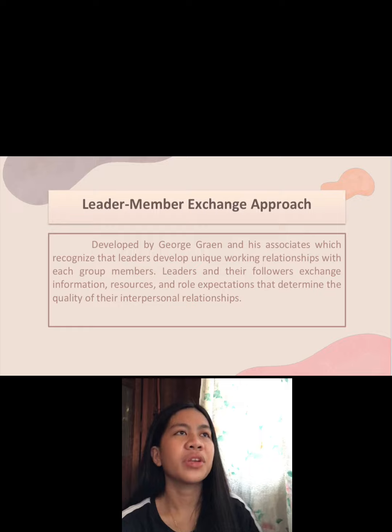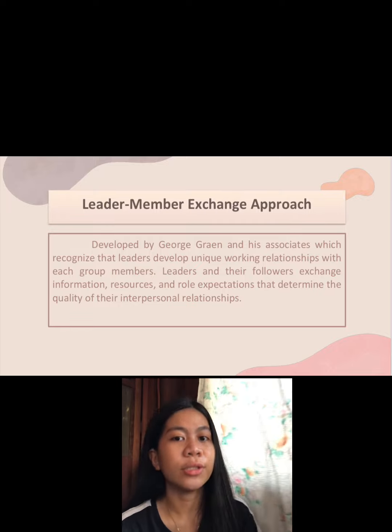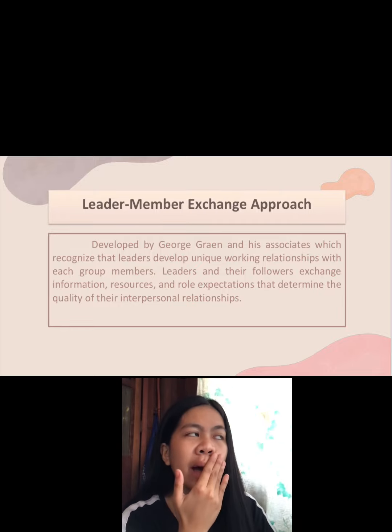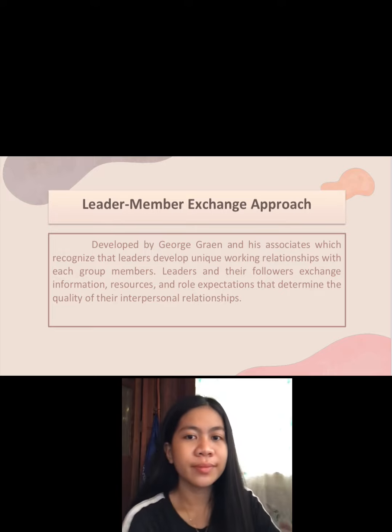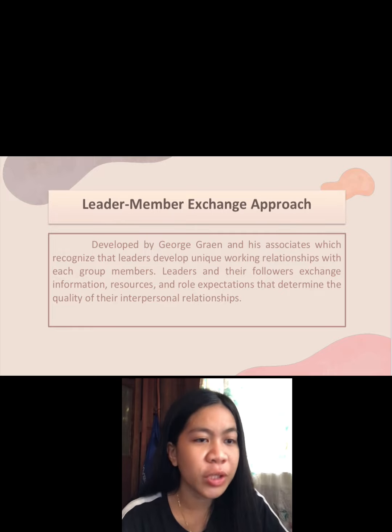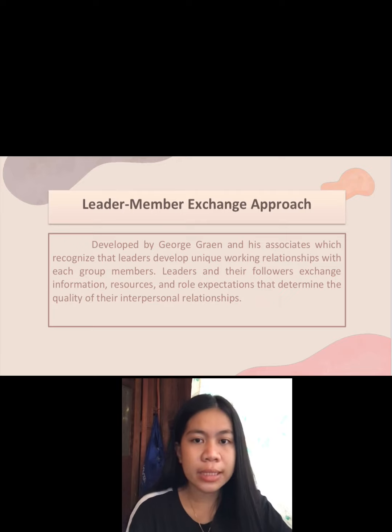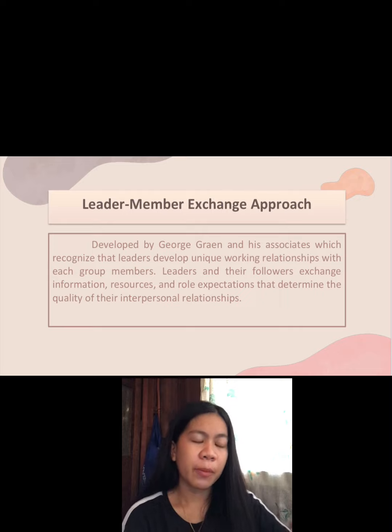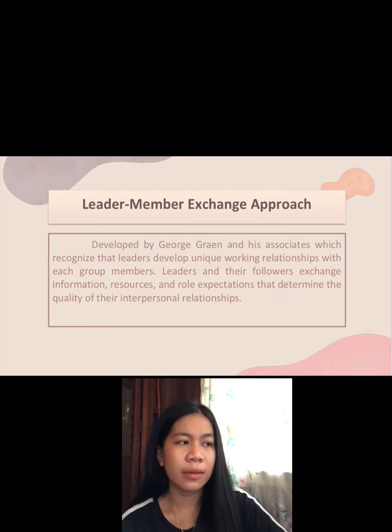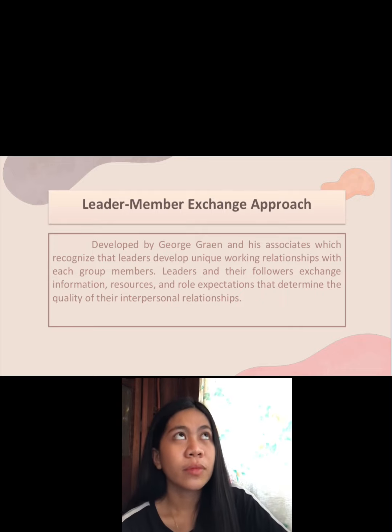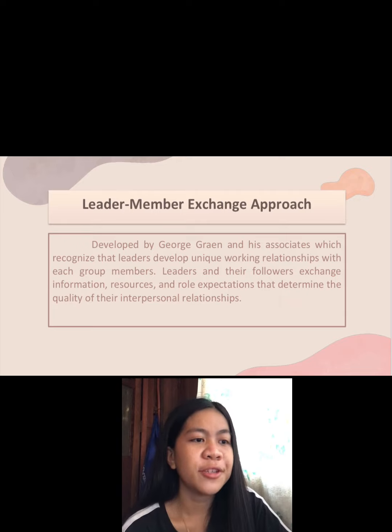Kasi no, if there is a good connection between the leader and the member, mas i-encourage mo yung members mo to share information with you, so that they will contribute din kasi when it comes to decision making, if ever may problem man na kinakaharap yung company nyo or yung organization nyo.